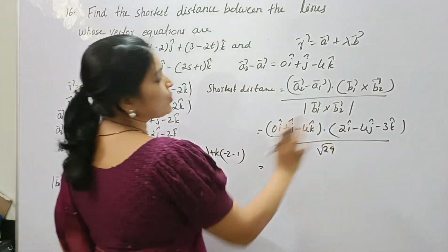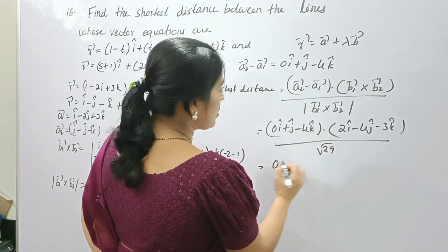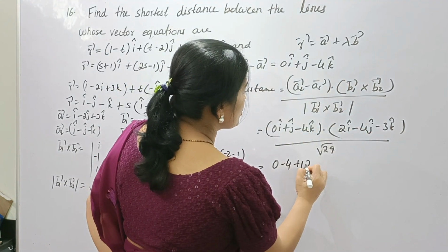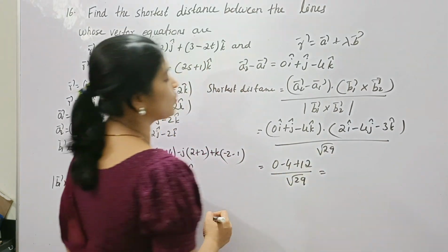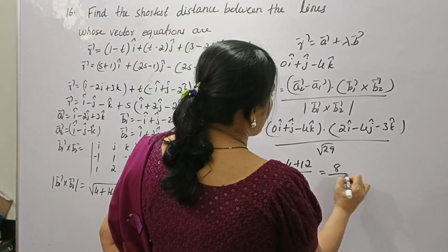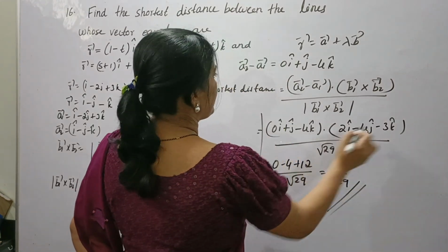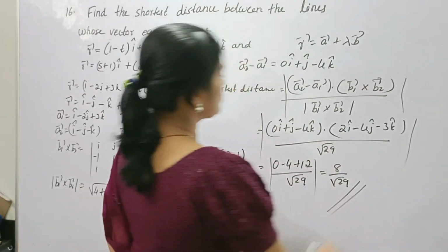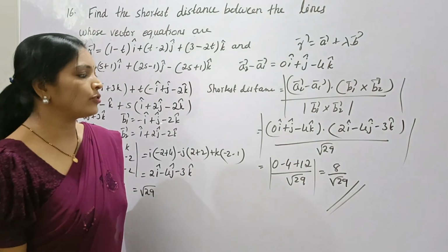That is equal to 0 into 2, 0, minus 1 into minus 4, minus 4, minus 4 into minus 3, plus 12, divided by root 29, that is equal to 8 divided by root 29. Okay. So shortest distance between given two lines is 8 divided by root of 29.